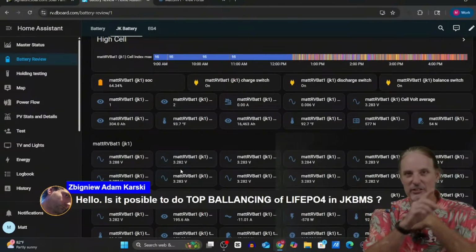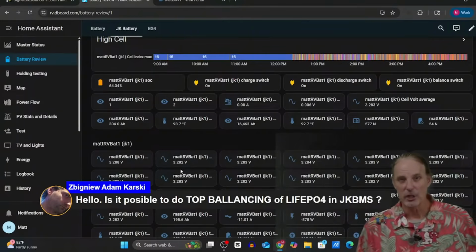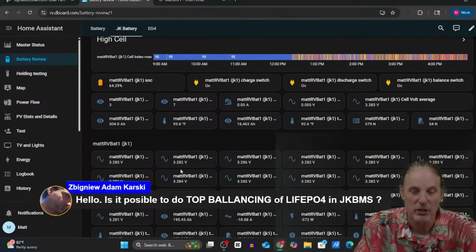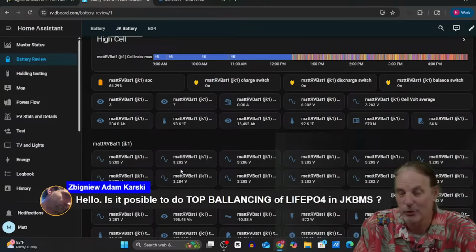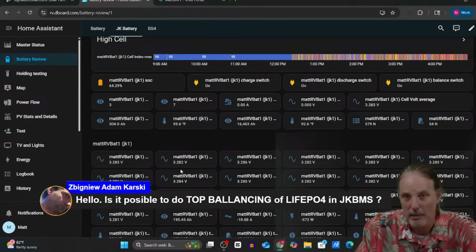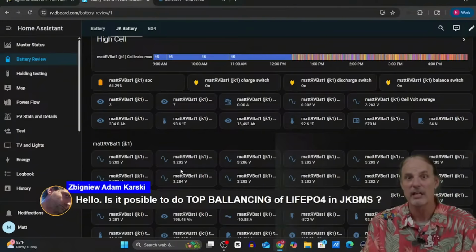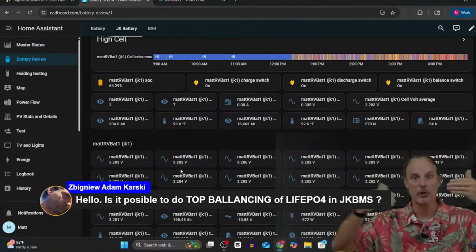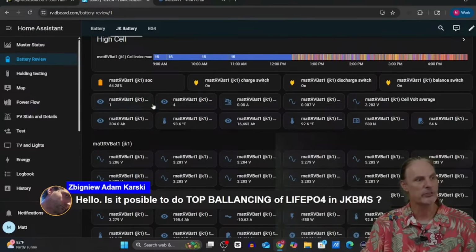Now, this is coming through the Home Assistant. If you were to take a look at this battery through the JK BMS app, and unfortunately I can't show you that because I have to be close enough to connect with it with Bluetooth, it would actually show you which cell it was pulling from and which cell it was going to, as opposed to here where it just says 3 and 7.